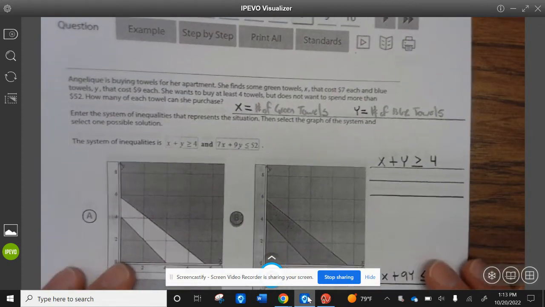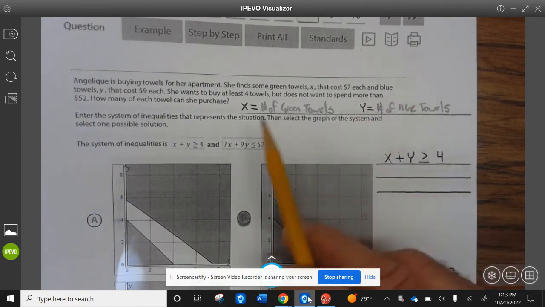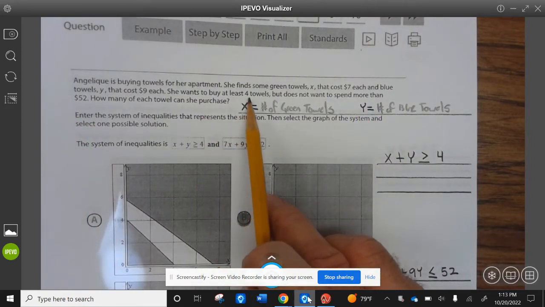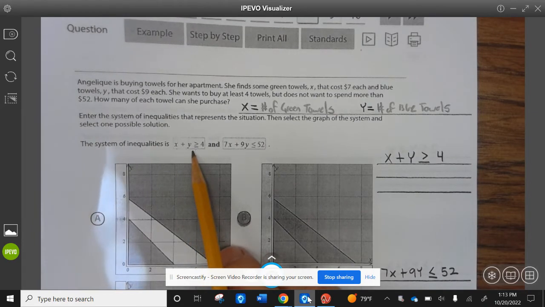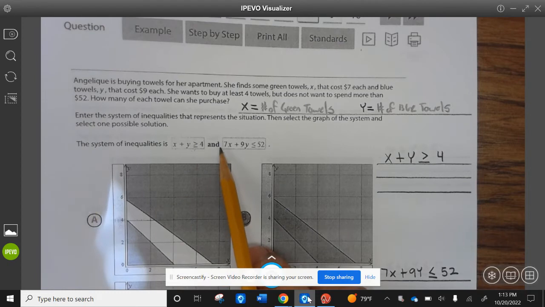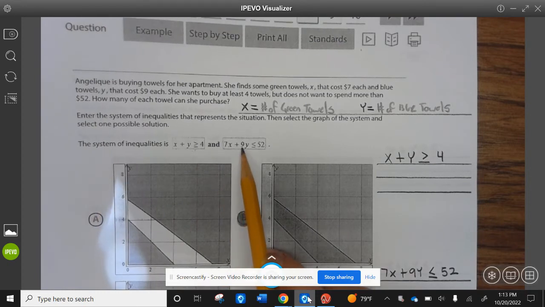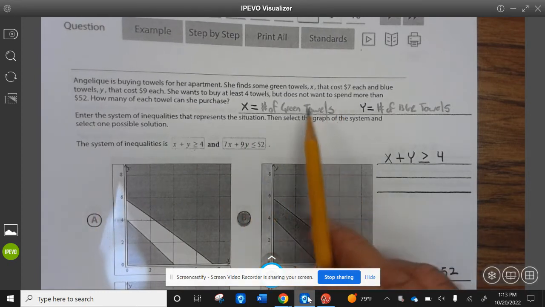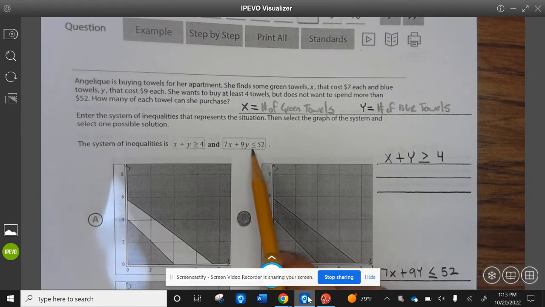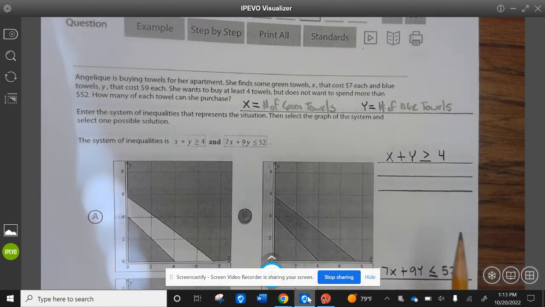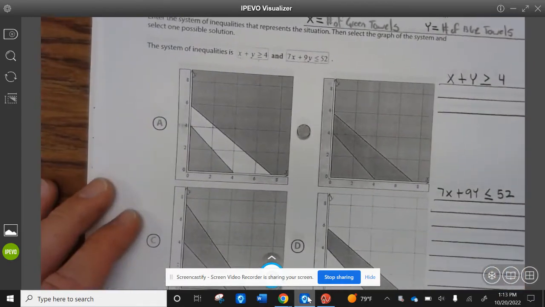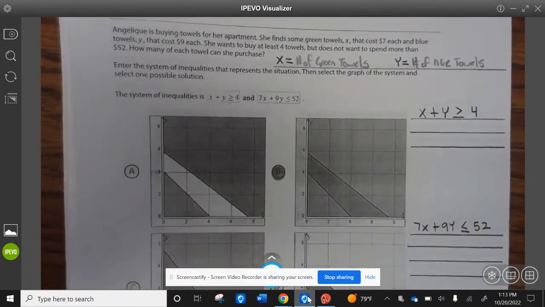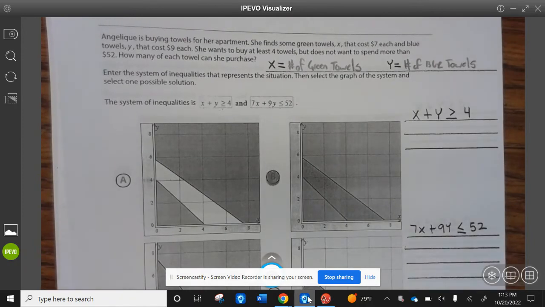Now, she wants to buy at least 4 towels. Okay. So that means X plus Y has to be greater than or equal to 4. So there's our first equation. Now we know that green towels are $7, blue towels are $9, and she wants to spend no more than, so that's less than or equal to 52. Okay. So we have our equations, and let's go ahead and graph them.